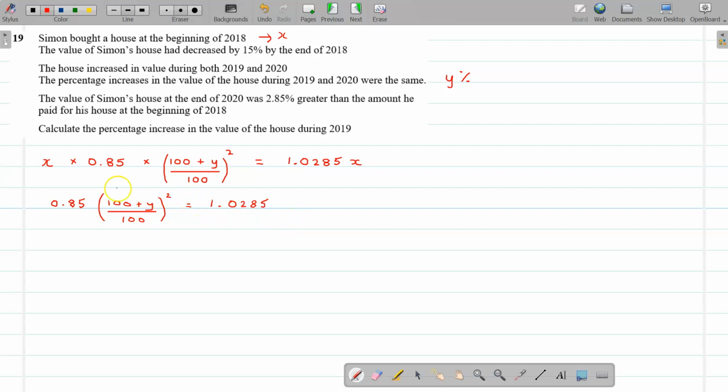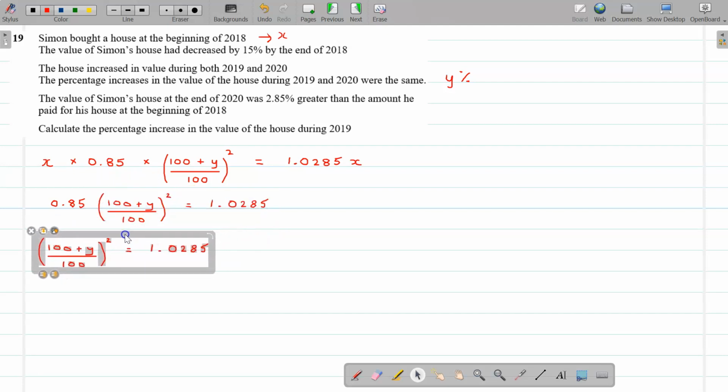So basically I need to divide by 0.85. Let's save a bit of time. I can take this part of it out here, make a copy of that, put it down here. So that equals 1.0285 over 0.85. So I've just divided both sides by 0.85.